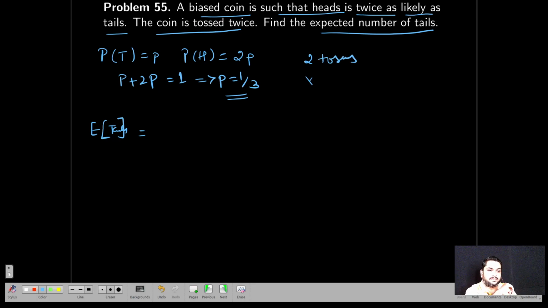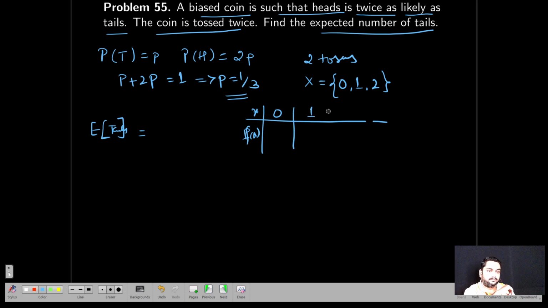Let us say x is a random variable that counts the number of tails. So it can have 0 tails, 1 tail, or 2 tails. Now how will you have the PMF? This is x, and this is the probability, that is f of x. It can take 0, 1, or 2.